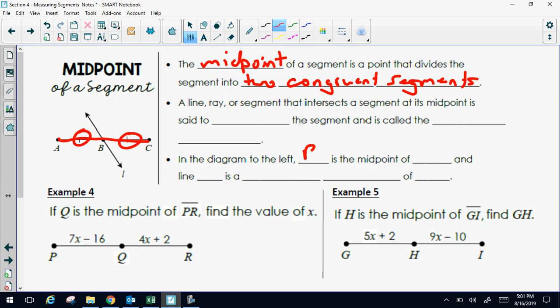So B is the midpoint of line segment AC because of those two markings. Then you see this line that comes through the middle here. When you have a line or segment that intersects another segment at its midpoint, it is said to bisect the segment, or split it into two equal parts. This is called a segment bisector.